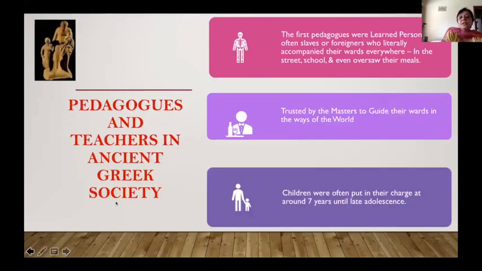Okay, so these pedagogues were basically learned men who were often slaves or foreigners who literally accompanied their wards everywhere. They accompanied them on the streets, they went to school with them, they even oversaw their meals. And they were trusted by their masters to look after these wards and teach them the ways of the world. In fact, children were kept in their charge from around 7 years and stayed there till adolescence.